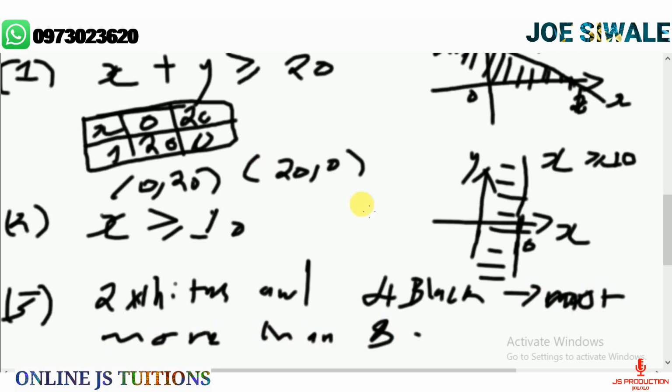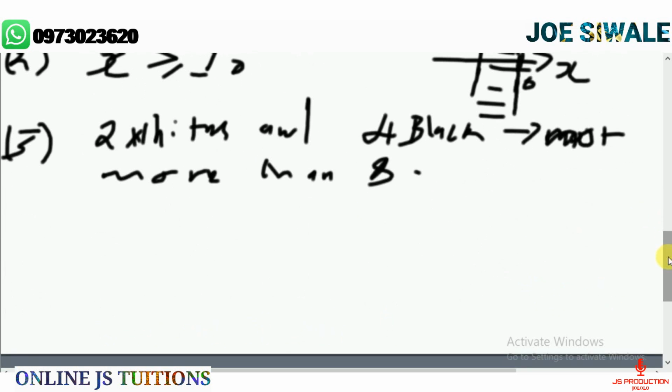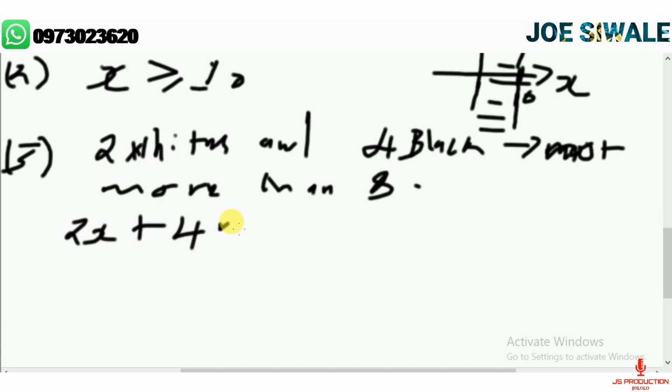So we're going to do the same thing. Here I have 2 whites, so this is 2x plus 4y not more than, so this will be less than or equal to 8.